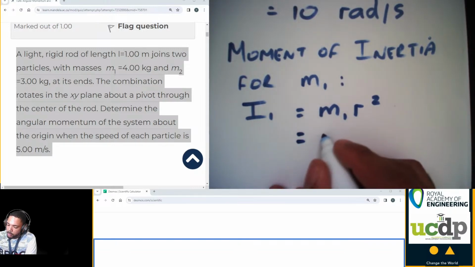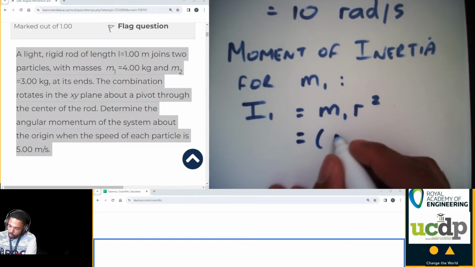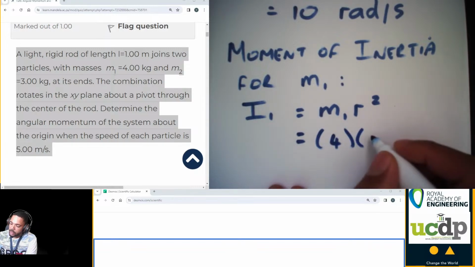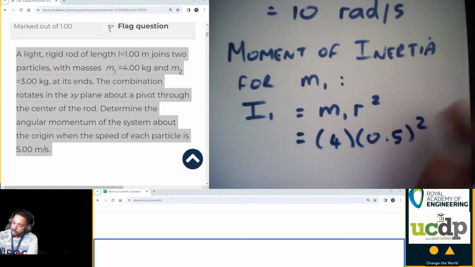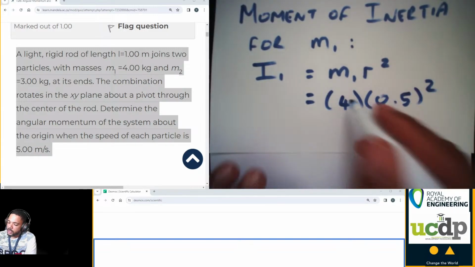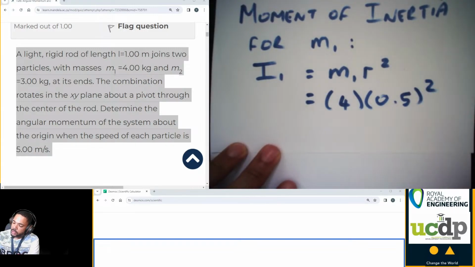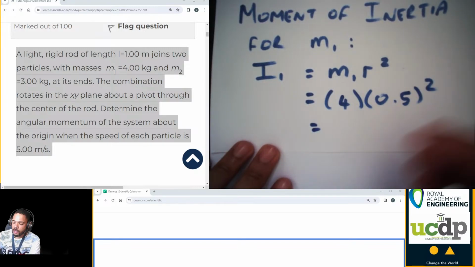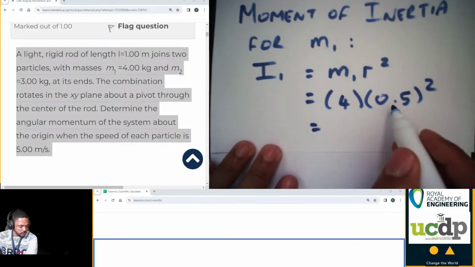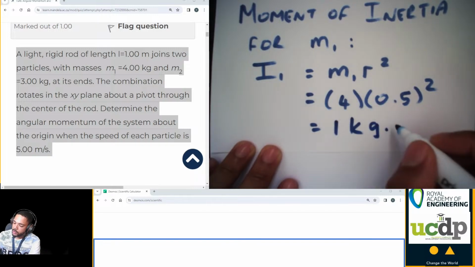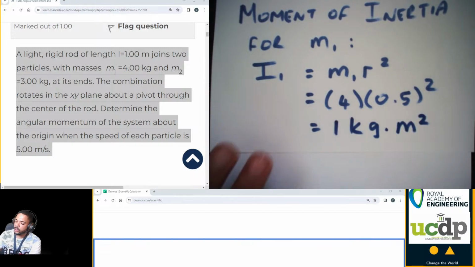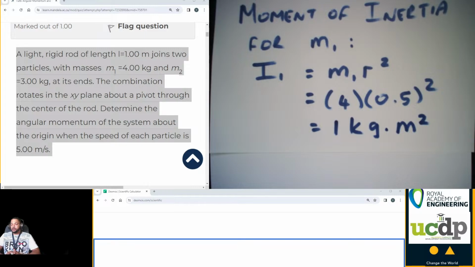Now the mass of M1 is 4 kilograms and the radius is 0.5. We square that. Mass is in kilograms, radius is in meters. This will give us an answer of 1 kilogram meter squared.